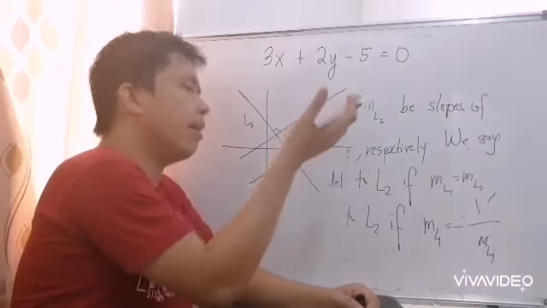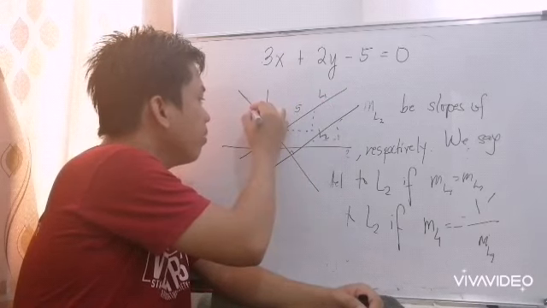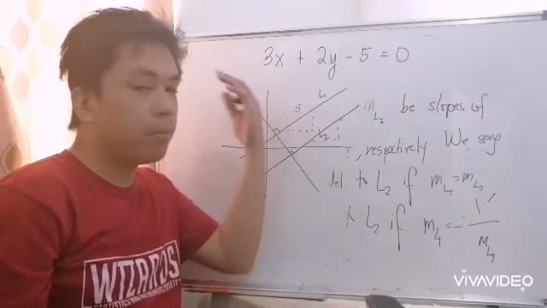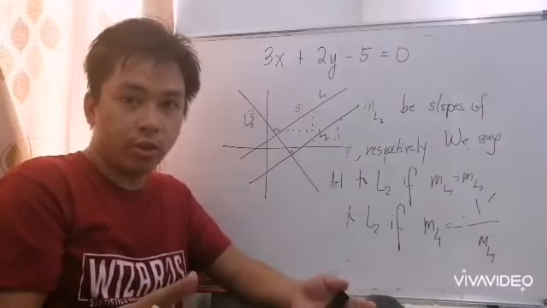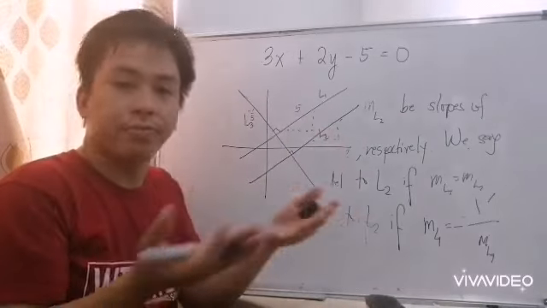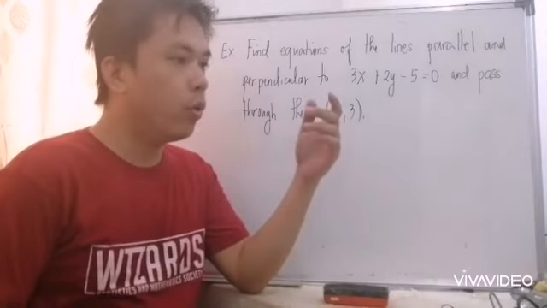If you get, for example, 5 as the slope of L1, then this is negative 1 over 5, basically because it goes in the opposite direction, and it's the reciprocal of the slope of the first line. That's it.